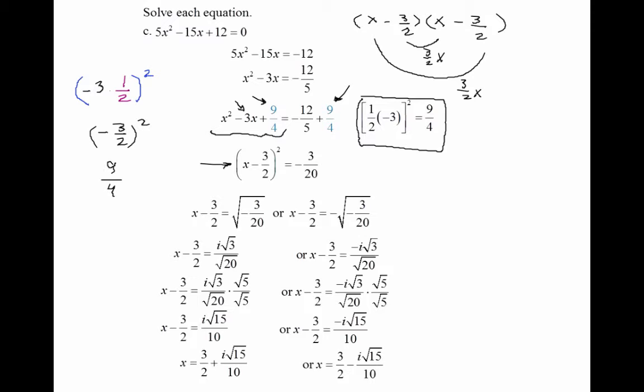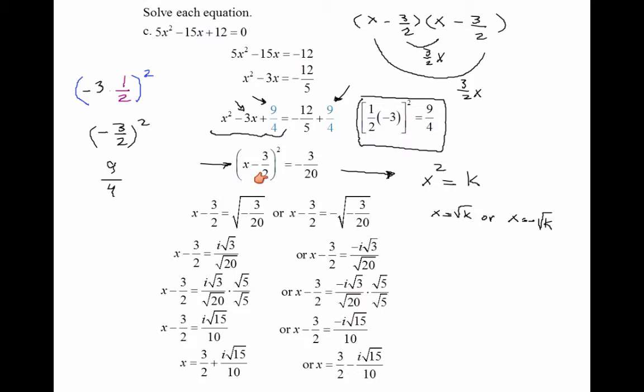Now I can perform the square root property to solve for this. Here we go back to the fact that if x squared is equal to any number k, x would be equal to square root of k, or x would be equal to minus square root of k.